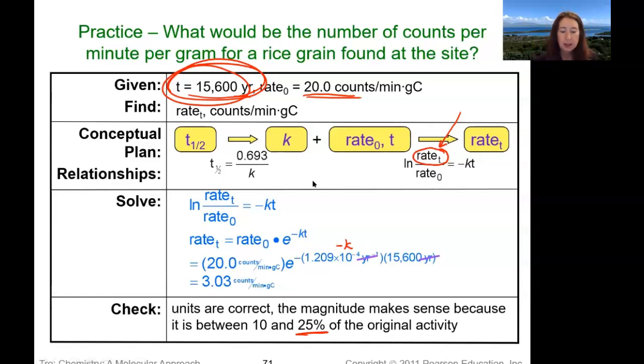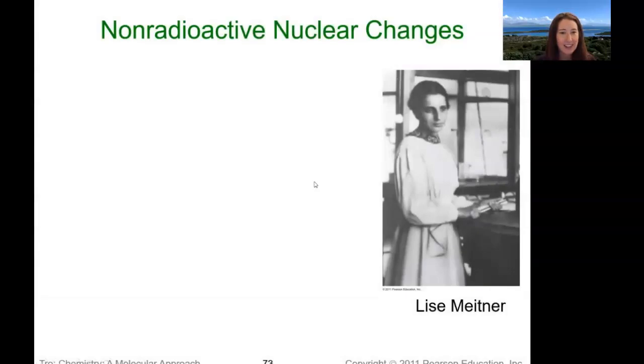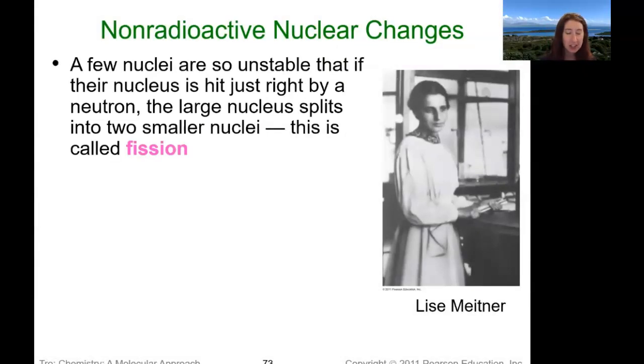Okay, so that's all the kinetics I'll do for you today. No more kinetics. We're going to talk just briefly about nuclear fission versus fusion; we'll talk more about fusion tomorrow and on Monday. Fission is the splitting of a nucleus.